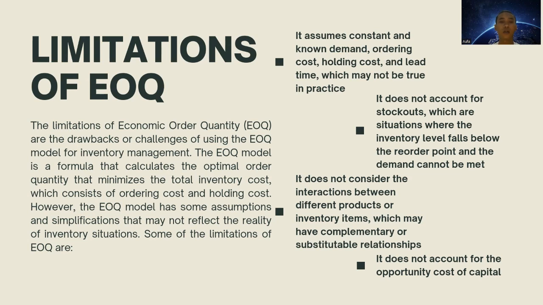Ordering costs and holding costs may vary due to inflation, competition, and other factors, discounts and other factors. Lead time may be uncertain due to supplier delays, transportation issues, and other factors.